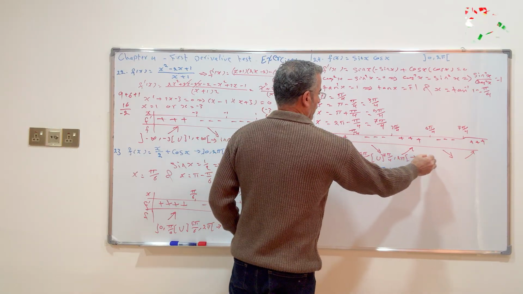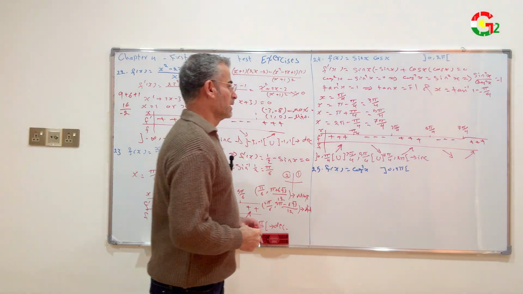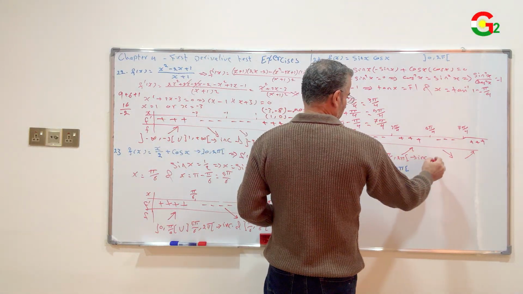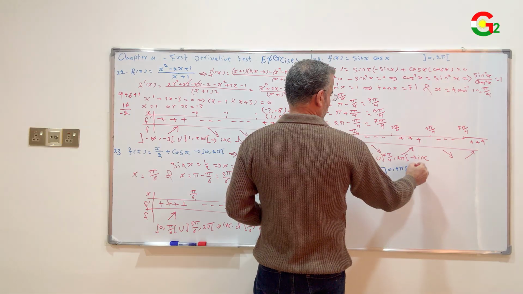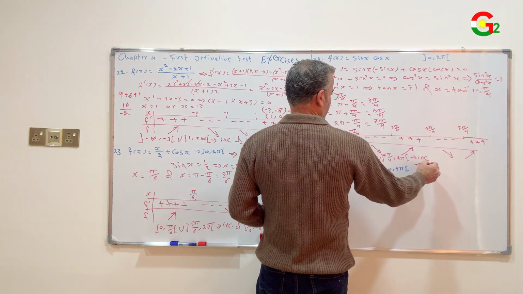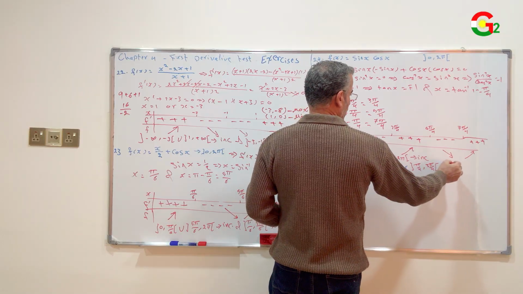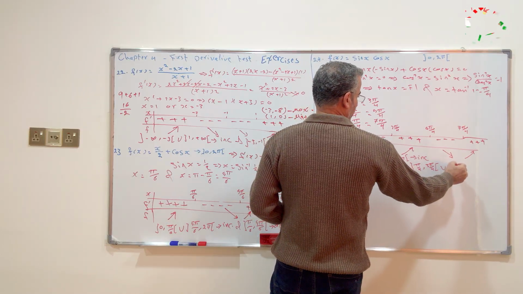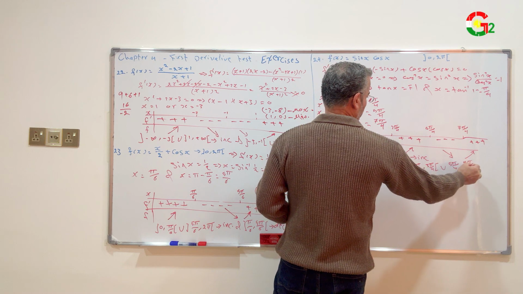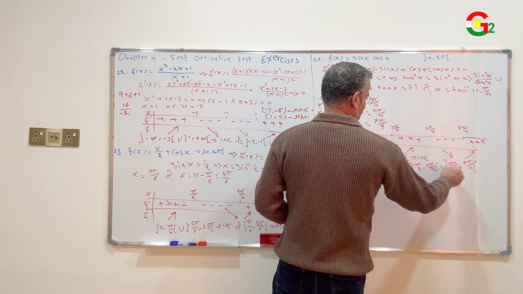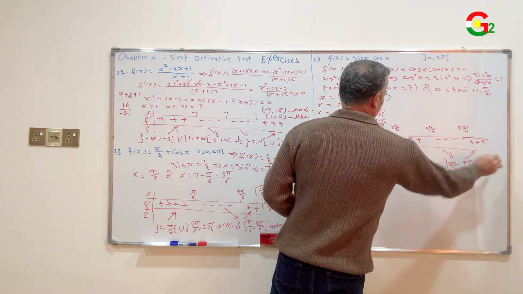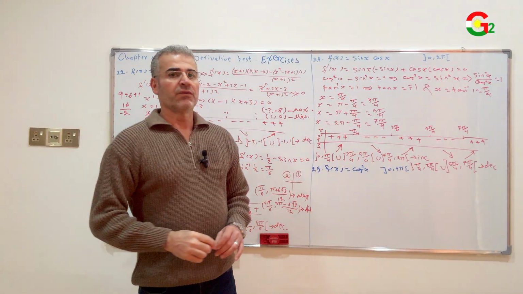Those are the intervals of increasing. And the intervals of decreasing, from pi over 4 to 3 pi over 4 union 5 pi over 4 to 7 pi over 4. Those are the intervals of decreasing.